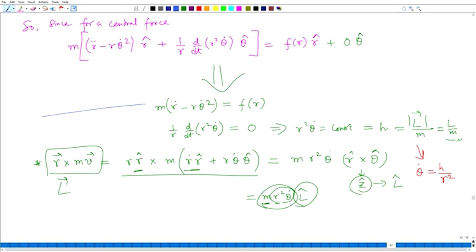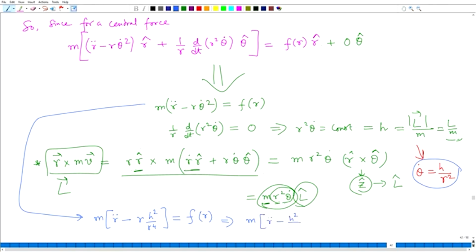Because the equation of dynamics can now be written as m r double dot minus r theta dot square, which you can simply write as h square by r to the power 4, is equal to F of r. So, you see that it will finally become m r double dot minus h square by r cube is equal to F of r.